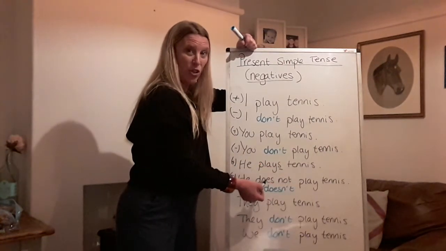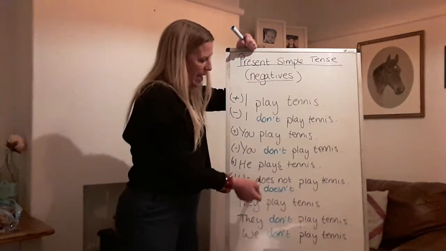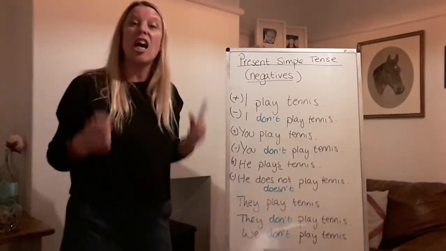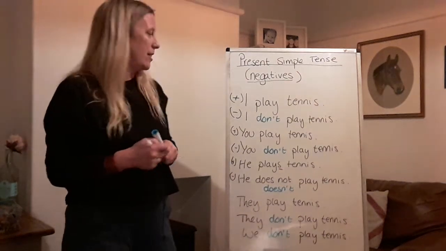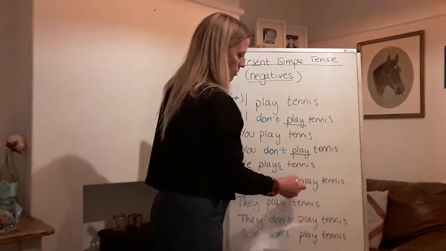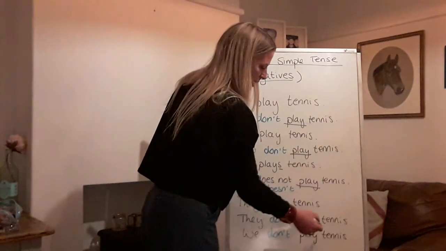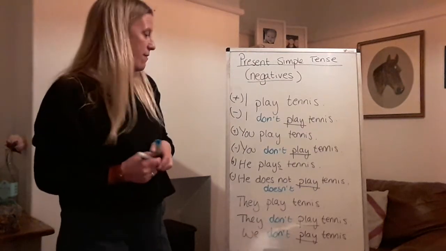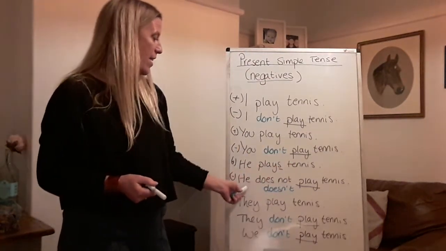The s goes into the do. He does not play tennis, or shortened, he doesn't play tennis. So we've got the base form of the verb, always with the negative. So there's no s for he here.